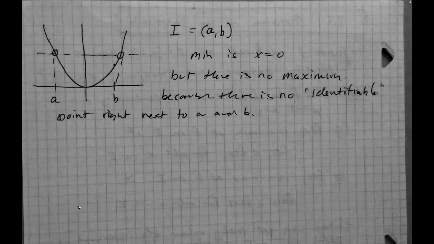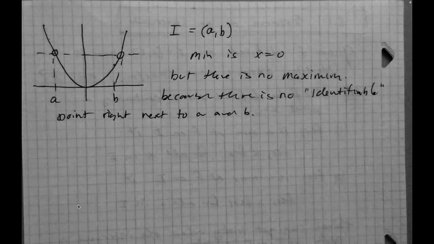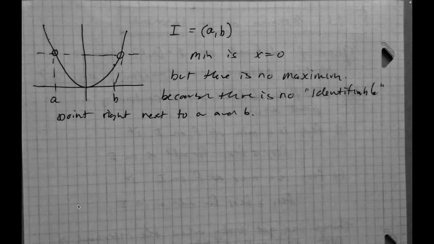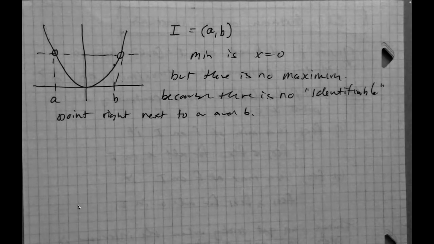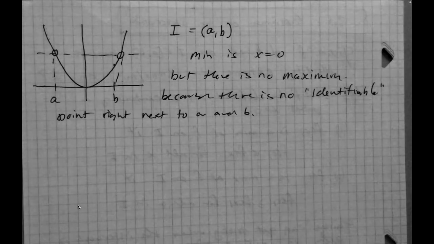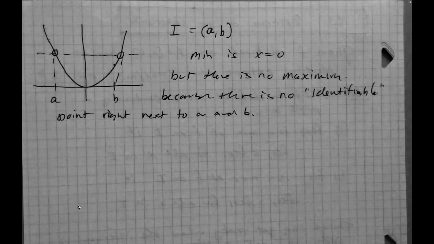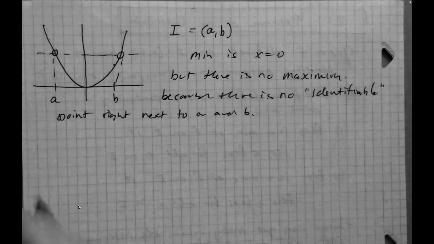First of all, identifying it would require an infinite decimal expansion, and that in and of itself would be an impossibility. But then also, between any point you identify, there's going to be an infinite number of points between that point and b or a. So again, this is a complex issue, and this is the subject of real analysis.